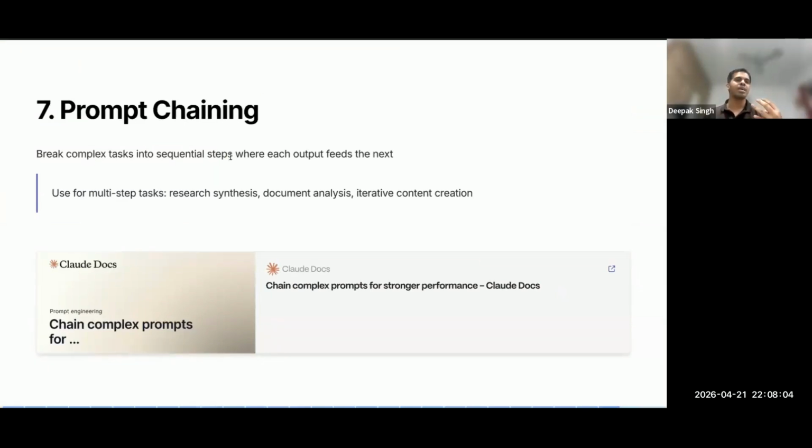Which is why I said, once you understand this topic, the rest of the 9 sections become very, very easy. If you don't learn how to write good prompts, the rest of the 9 sessions are meaningless. I would even go to the extent of putting that disclaimer.